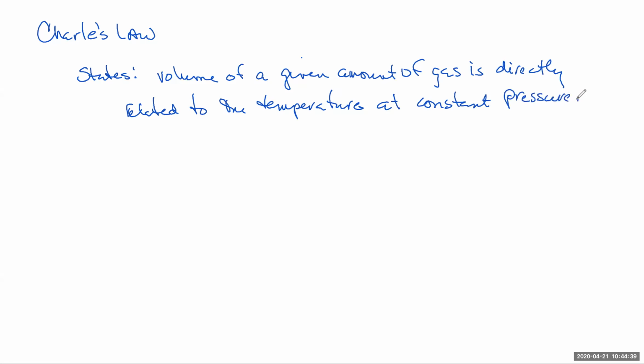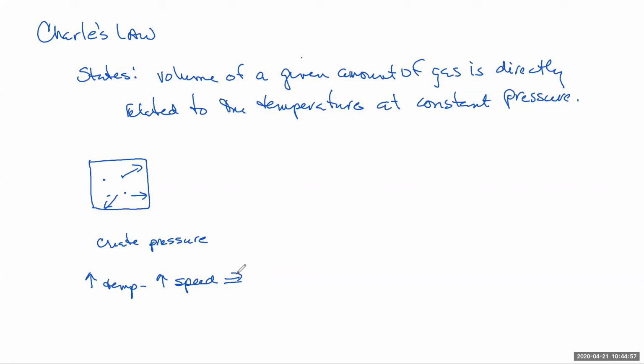So does this make sense? If I have a container that's this big and those particles are moving around and they're going to hit the walls of the container, I'm going to create a pressure. I know from the previous law, if I increase the temperature, I'm going to increase the speed, and that would, or potentially would, increase the pressure. But Charles' law states that I have to be at constant pressure.